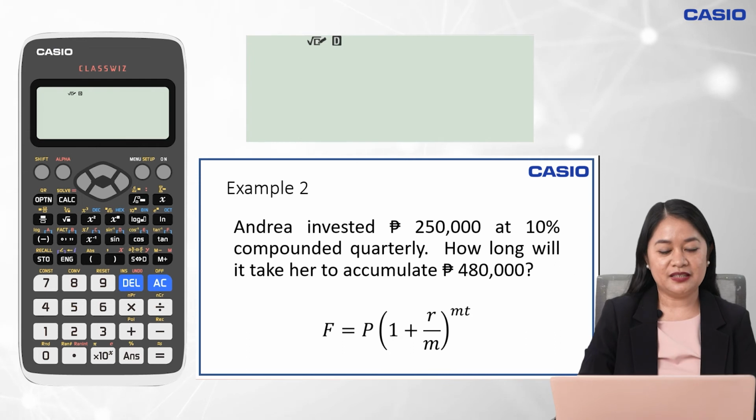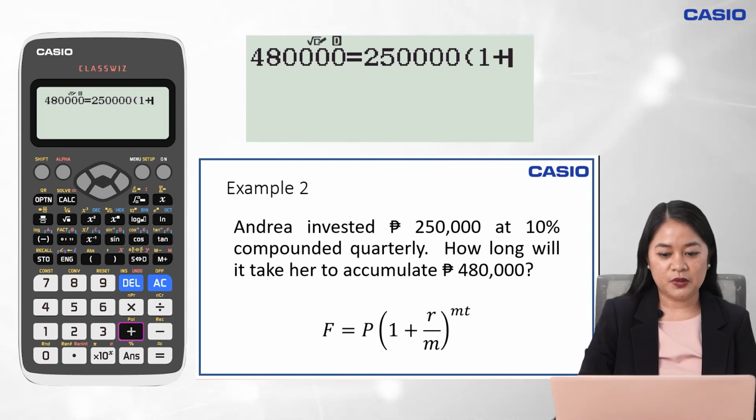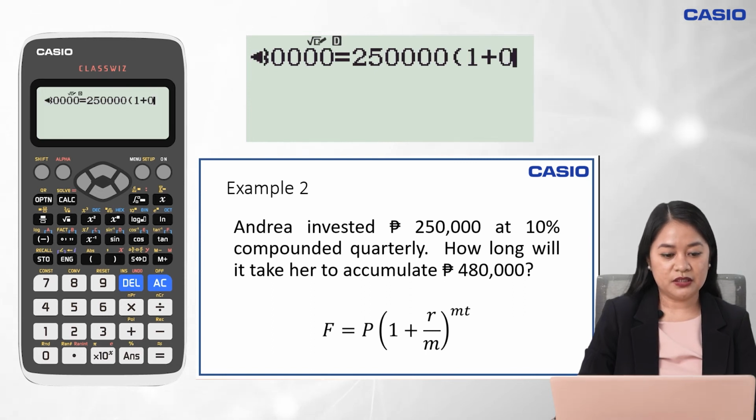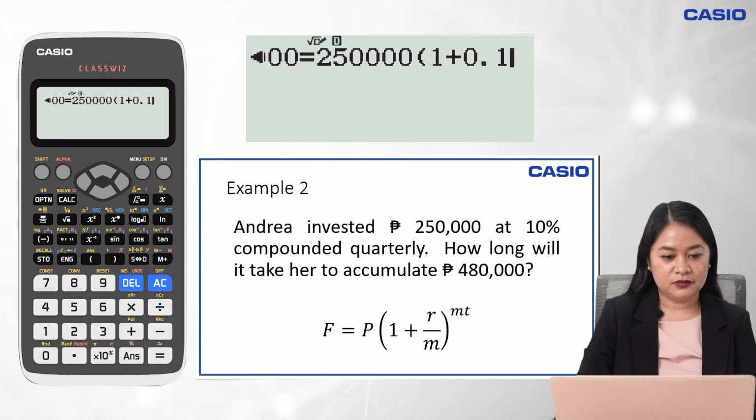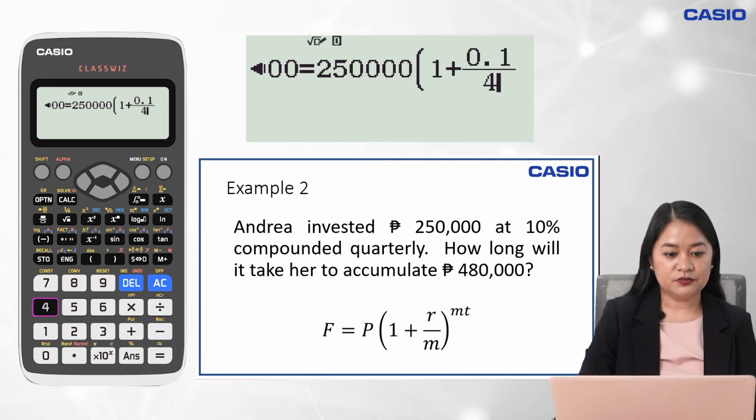Input 480,000. Then press Alpha, Calc, and then we input the principal of 250,000. Open parentheses. 1 plus annual interest rate of 10% or 0.1. Fraction key. Then for M, that is quarterly, so the value is 4.